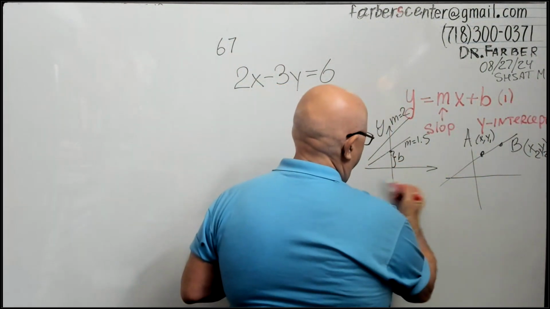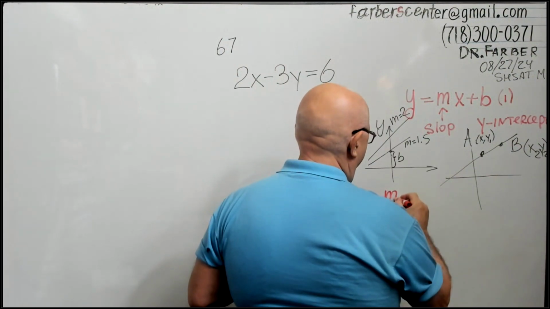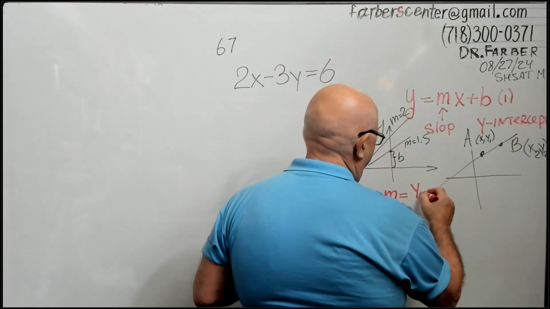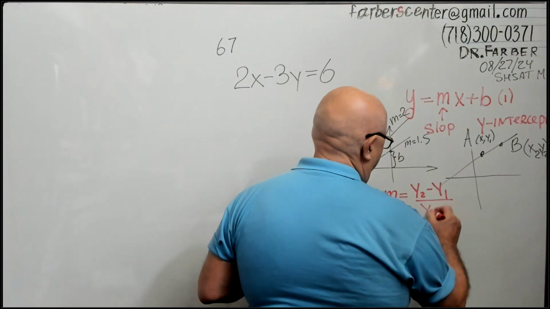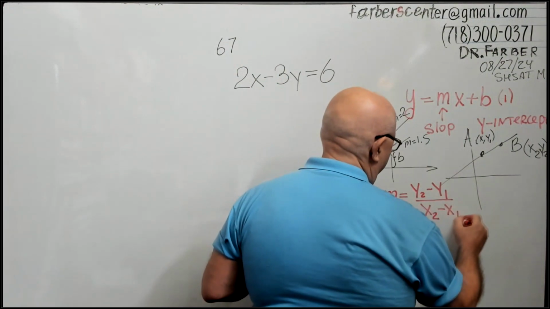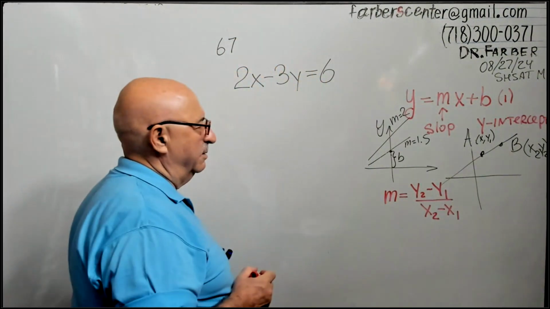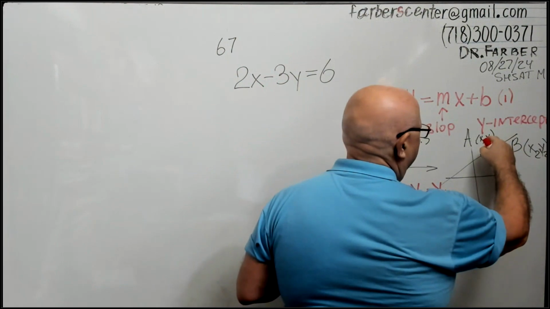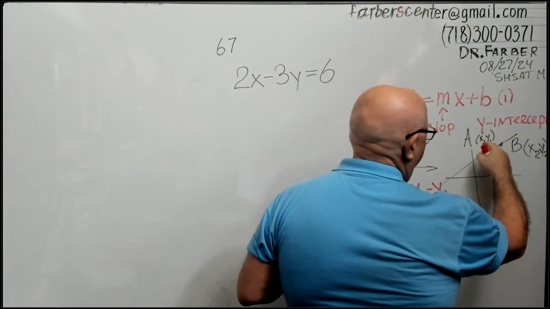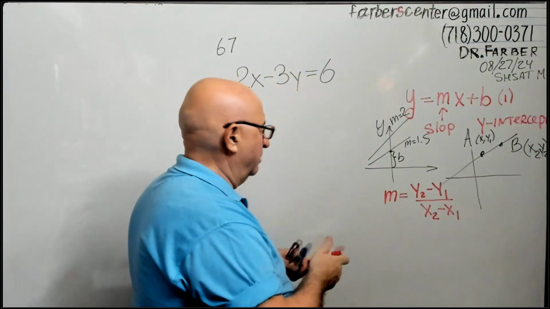Number 2, how to find slope when you have coordinates of 2 points? m equals y2 minus y1 divided by x2 minus x1. Or in school, you say rise over run. From this minus this, divided by this minus this, you get how steep is your line.